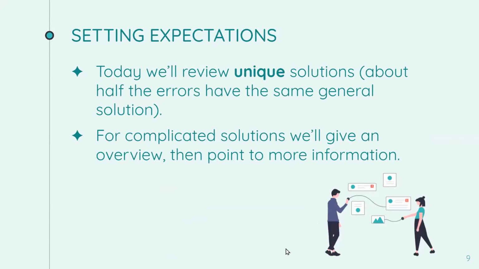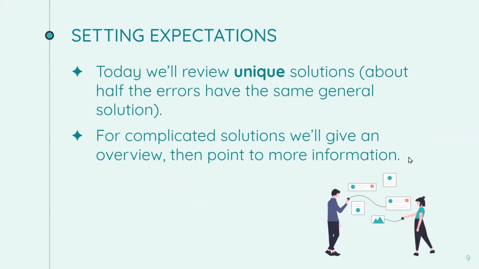Before we get into that, I did want to set expectations a little bit. Today we're going to just review unique solutions, because about half the errors have the same general solution. So we're not going to go through all 16 or 17 of those individually. We'll just show one example that teaches principles about that particular type of error that falls into that group.